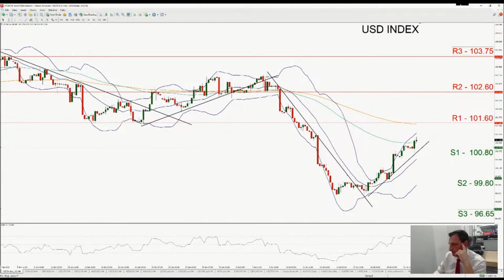And finally the S3, 98.80. Locking everything in. There you go.